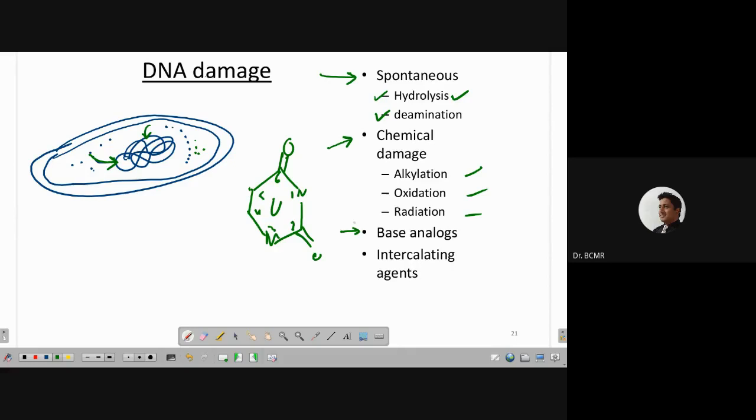They also can cause mutations. And there are intercalating agents. We will talk about what is meant by intercalating agent. Ethidium bromide that we use in electrophoresis of DNA, for visualization, is also an intercalating agent.